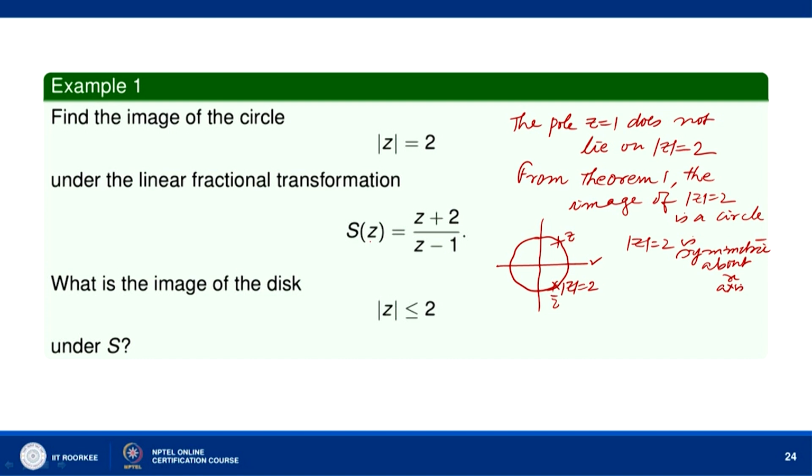Now, let w be equal to S(z). Suppose z goes to w in the w plane.